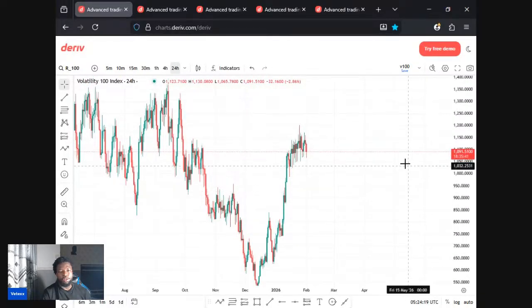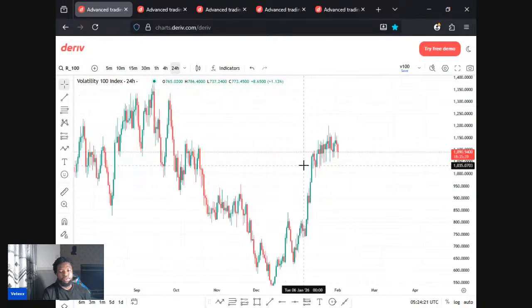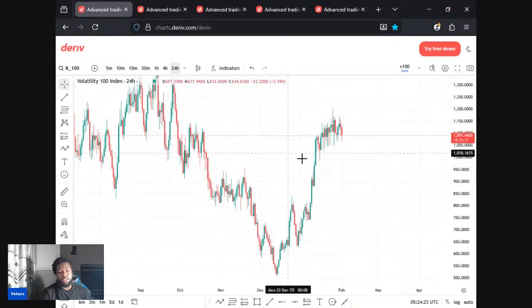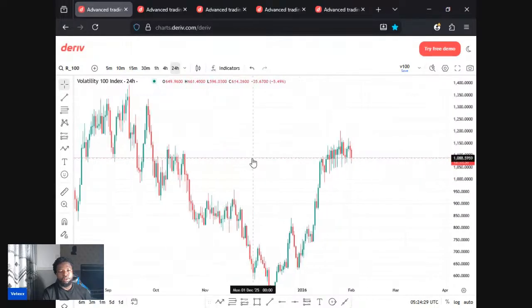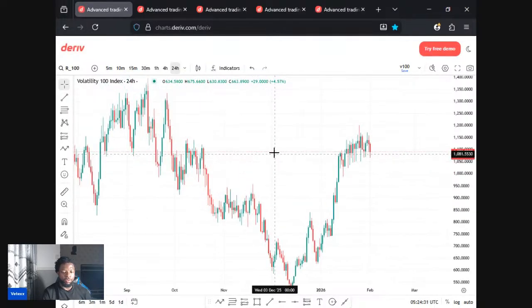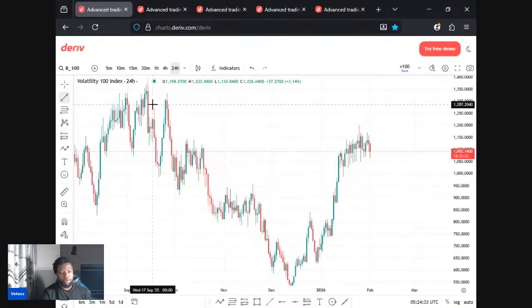V100. V100 has been bearish since last year and it has tapped into another 24-hour time frame POI. So this is the POI we have on 24-hour. First of all, we have our rule number one, sweep of liquidity.